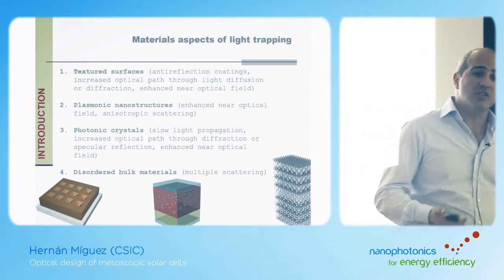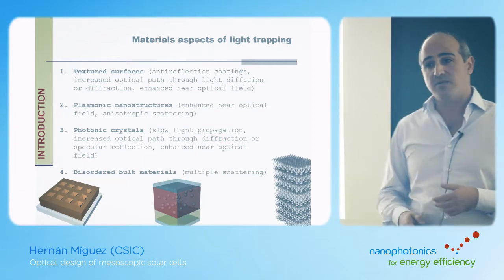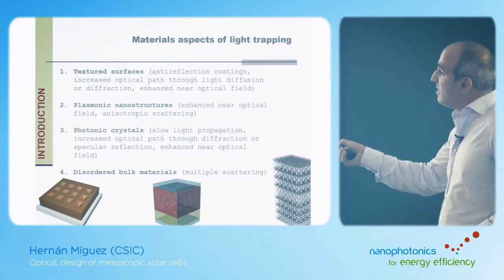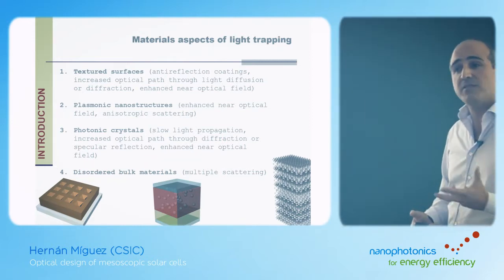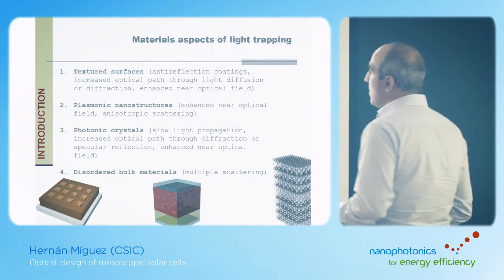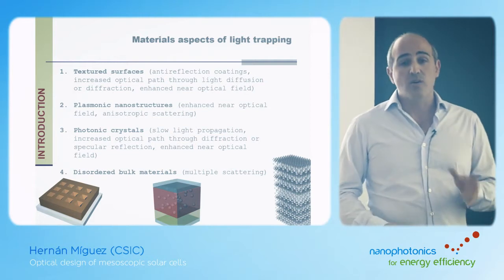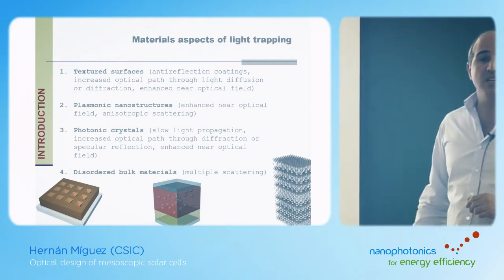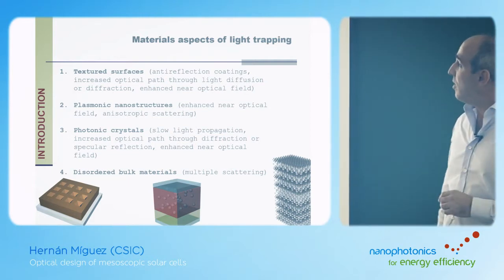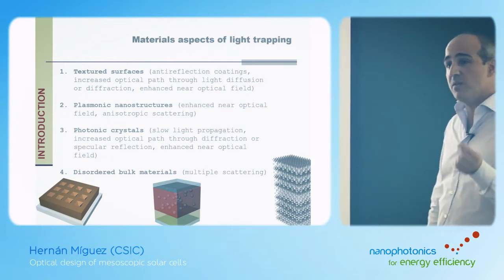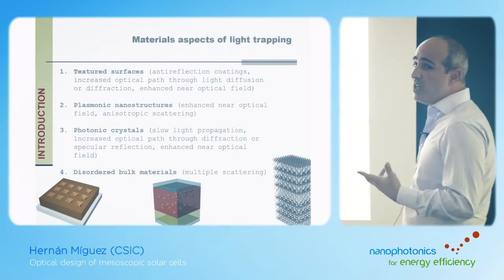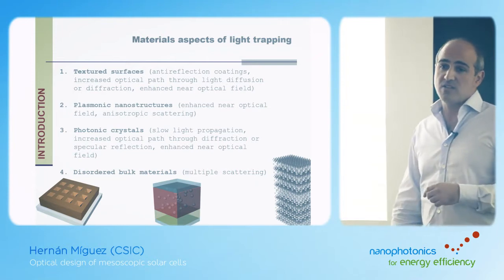They give us diffraction if they are ordered, right? And we can even get enhanced near-field effects, with both metals and dielectrics, right? So textured surfaces are actually the method that is being employed the most to improve the efficiency, and is the one you can find in commercial solar cells.